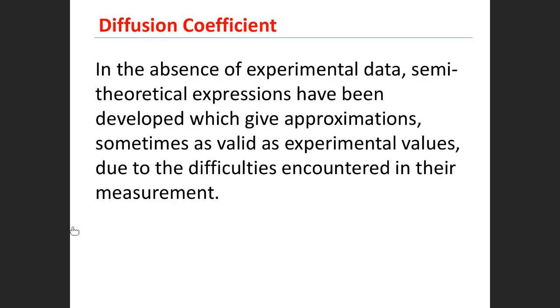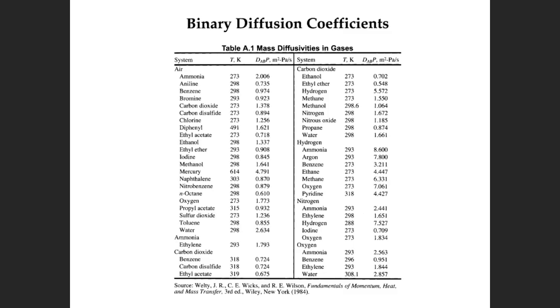They are called semi-theoretical expressions, and they have been developed by scientists to give you a kind of approximation, because the experimental value gives the real, exact value. But if you don't have it, then what to do? The answer is to use some expressions that you will use in this chapter to find the diffusion coefficient. So that's that.